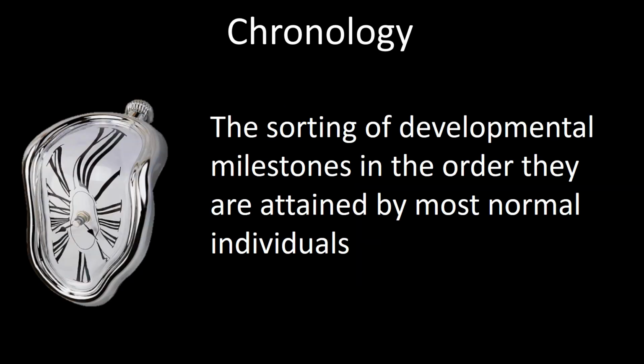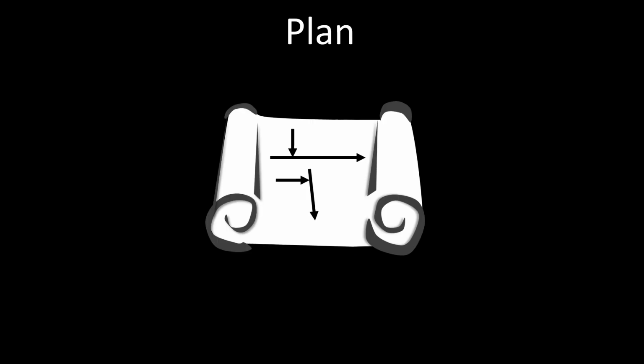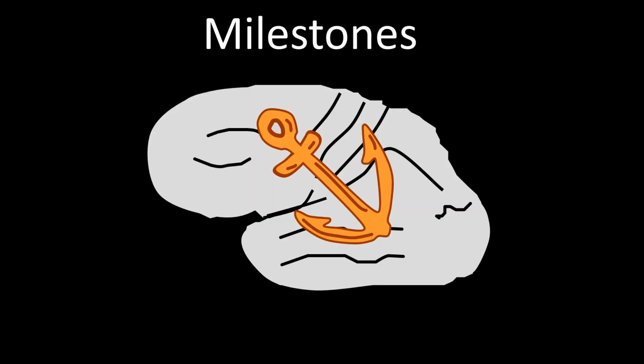Chronology, from the developmental point of view, refers to an arrangement of developmental milestones in the order they are attained by most normal individuals. And the third step is to have a plan adept for each type and subtypes of developmental questions.